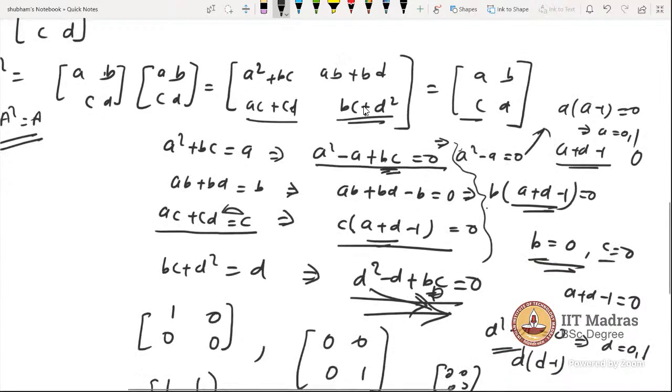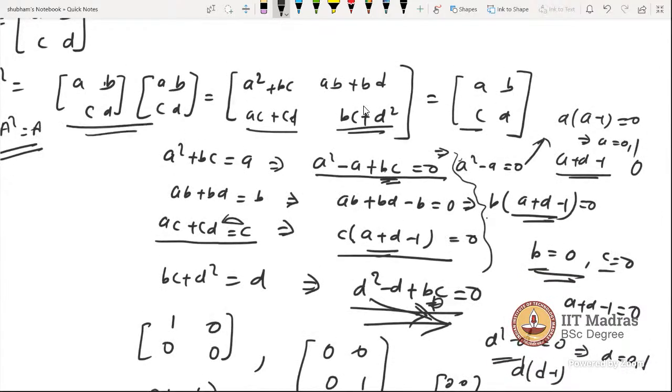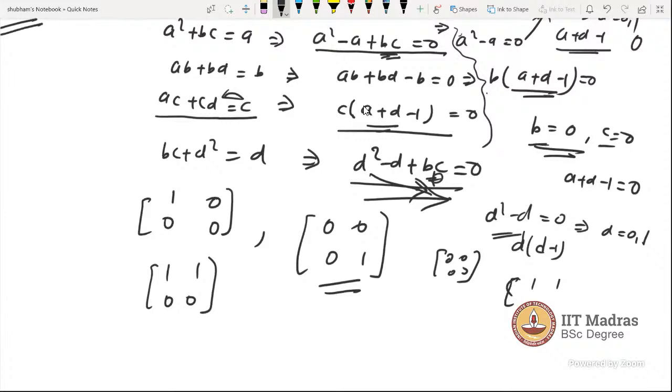So using the process I did here, you will make some equations or some relation between the entries A, B, C, and D, and try to get a matrix. Like as I got here, this can be, this can be. If you check that, this will be the same.